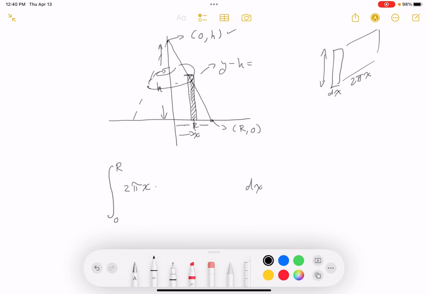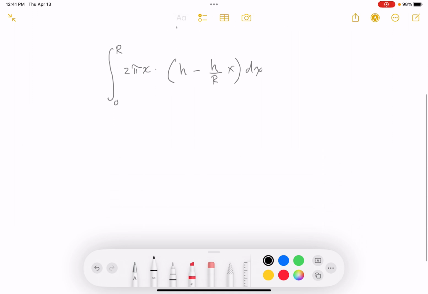The slope is minus h over r, times x minus 0, so I'm not going to put that down. So y will be equal to h minus h over r x.